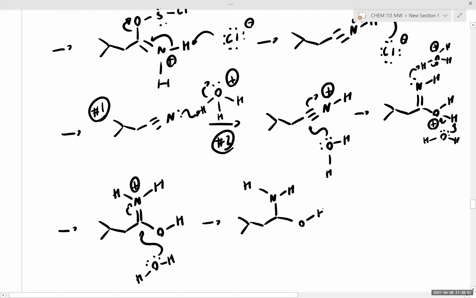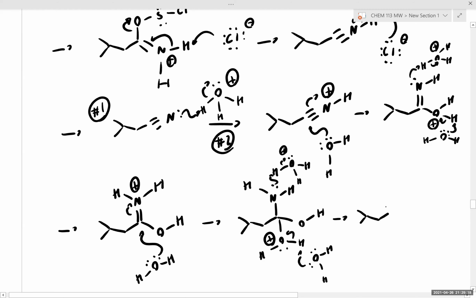From here now, we're almost done. We're again going to engage in a series of proton transfers. We've now freed up a lone pair on oxygen, and we've made an activated leaving group in the form of ammonium.